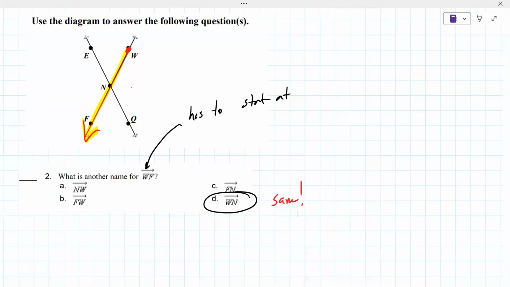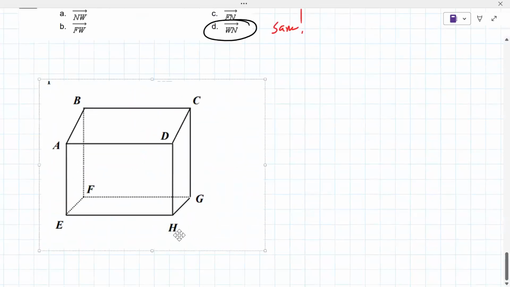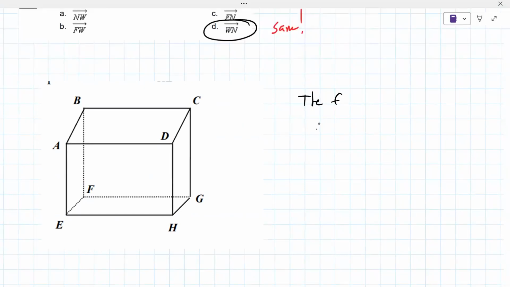Just looking for some more questions here. All right. Okay, so here is a box, and the faces are considered planes.